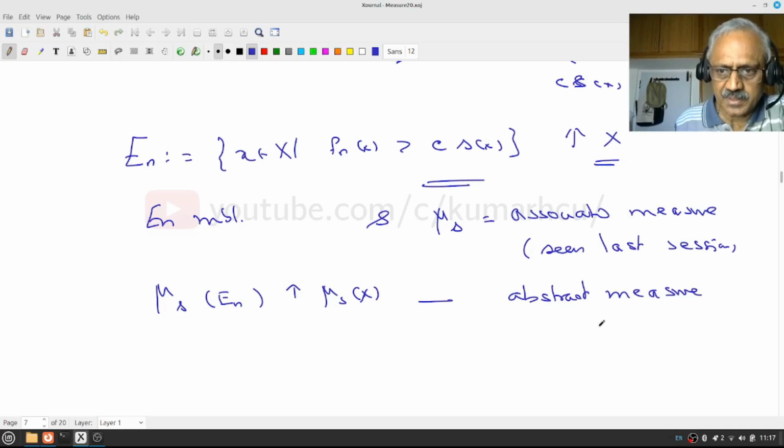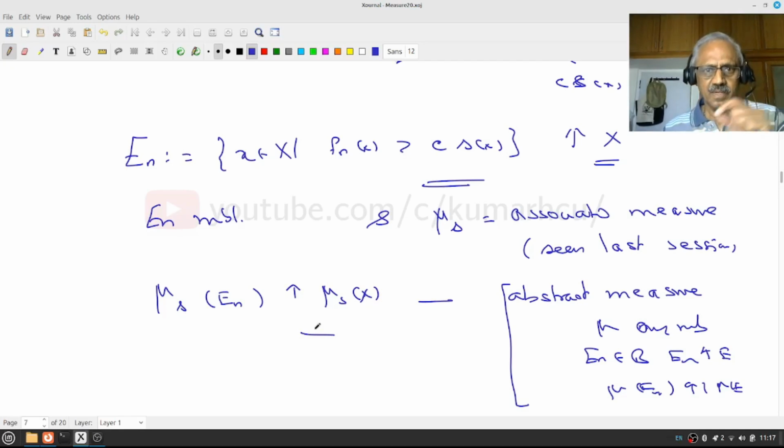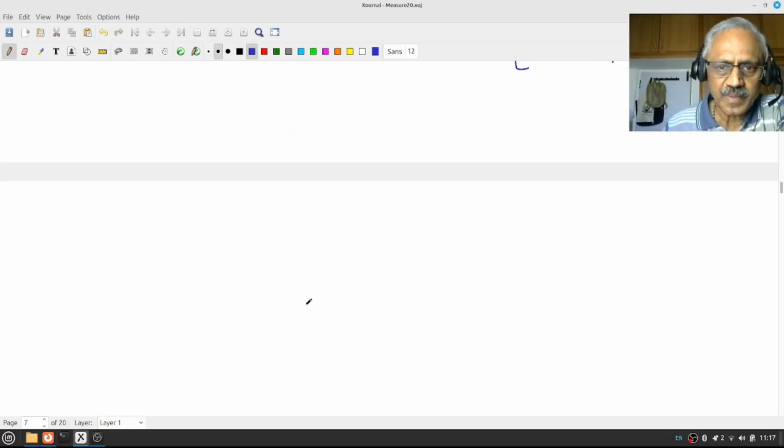Property of abstract measure: if mu is any measure and the Ens are all measurable and En increases to E, then mu of En increases to mu of E. So this happens. This is the tool which you are going to use now.